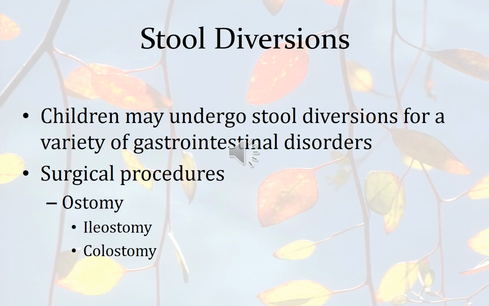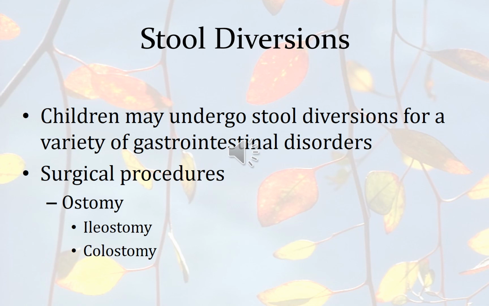So as I mentioned with the last couple GI dysfunctions, kids, as part of the treatment, need to have a stool diversion created because they aren't able to pass stool on their own independently through their anus for some point of time. So two types of stool diversions that we will create.